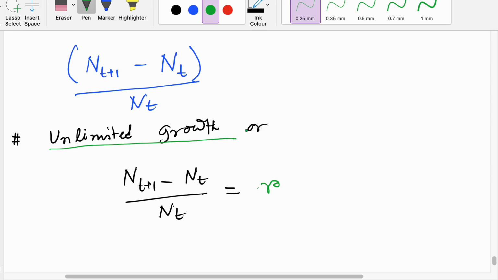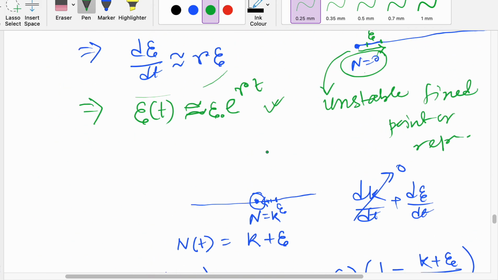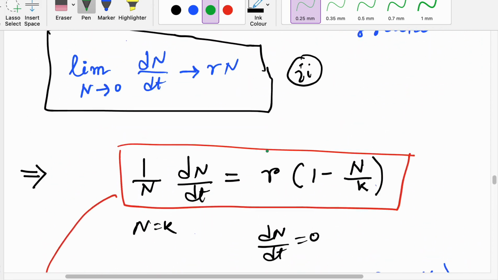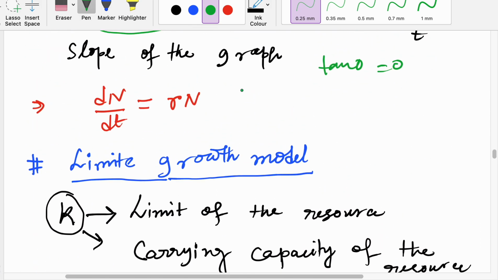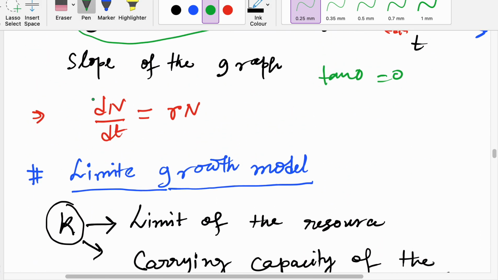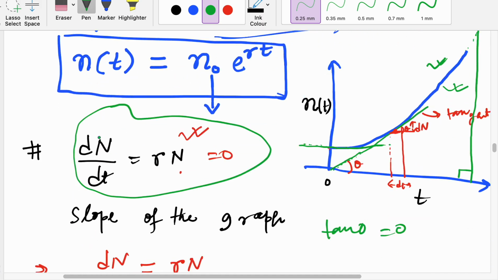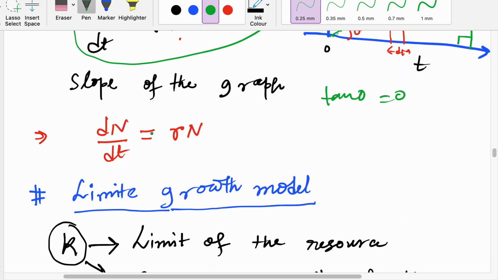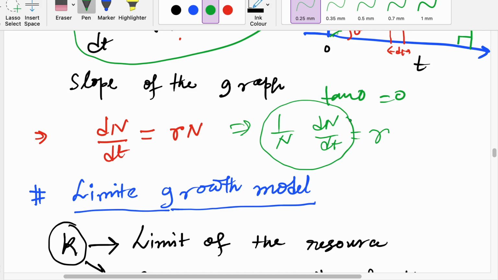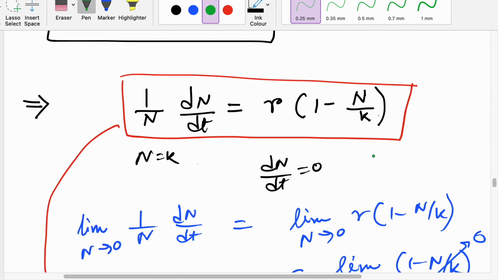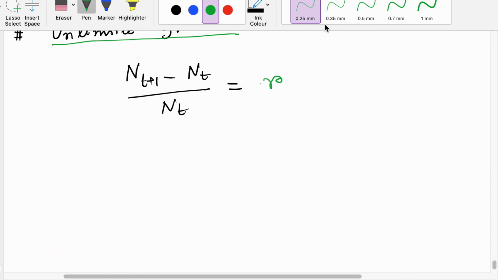So in this case, the rate of change is dN/dt, but the per capita 1 by N dN/dt is r: the per capita growth of the population is a constant. So N(t+1) minus N(t) over N(t) equals r.